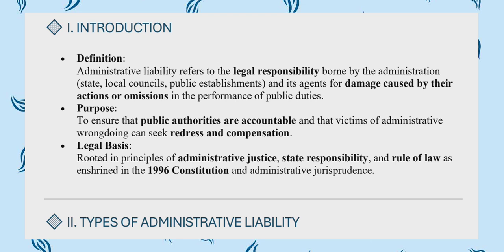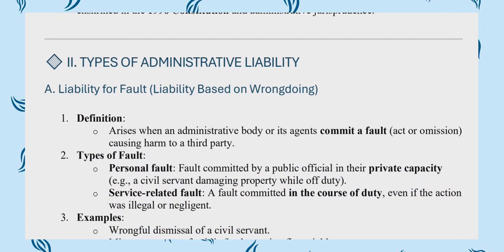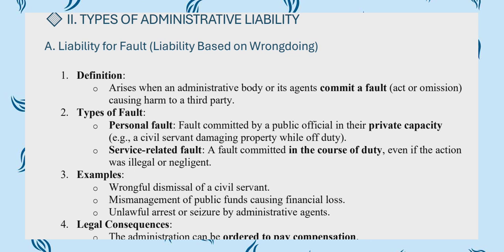Now, what are the types of administrative liability that exist? There are only two. We have administrative liability due to a fault and liability without a fault. We're going to start with number one, administrative liability due to a fault. This means you are holding the administration liable due to a fault, something that they have either done or not done.